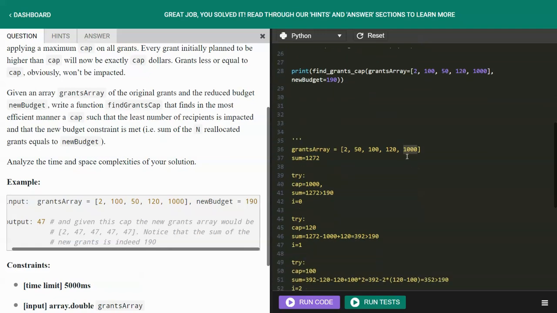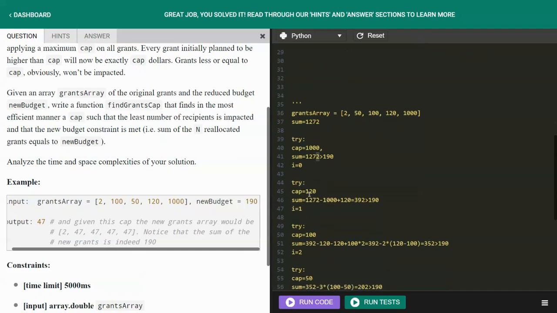The first cap rate we can try is the highest amount, which is 1,000, and again, that is greater than the budget. So we keep trying, and now we try the cap rate of 120. We also have the index coming along: in the beginning the index is 0, and now we increase the index from 0 to 1.